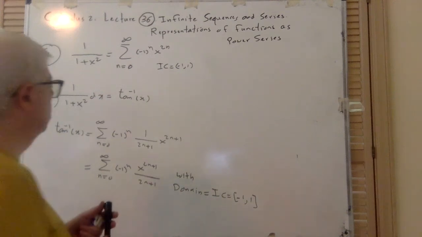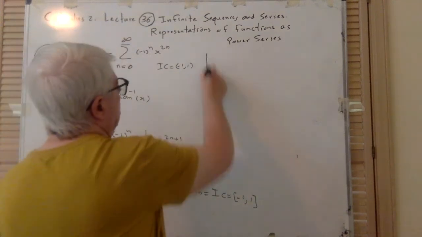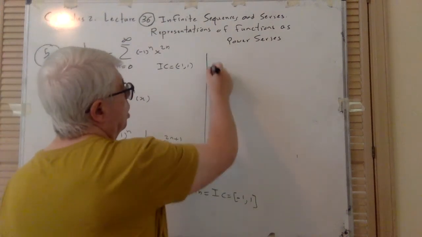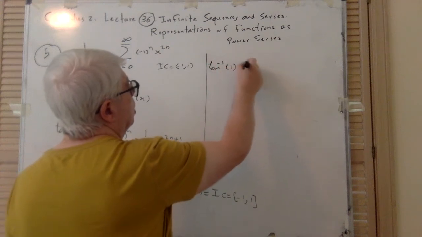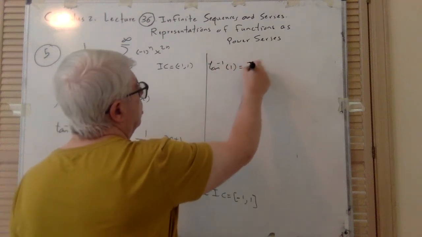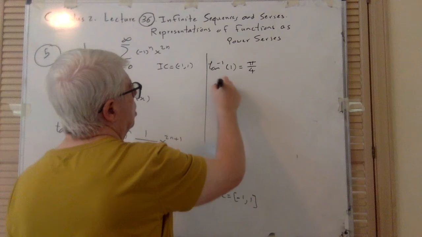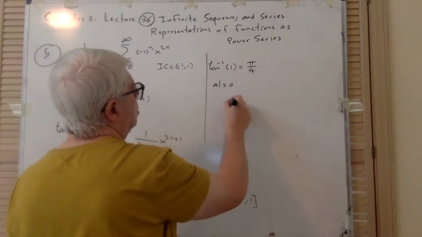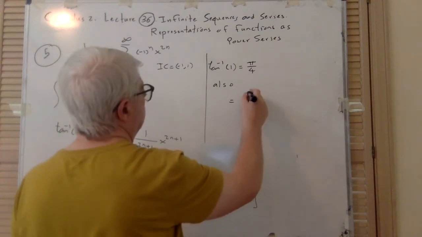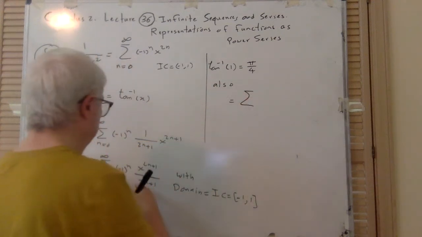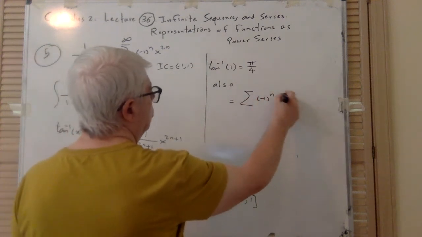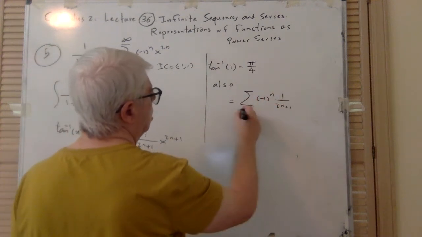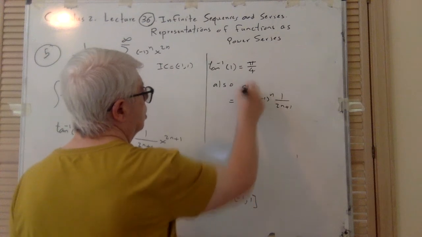So tan inverse of 1, this is okay at 1, is pi over 4, I know that. Also, it equals sigma of minus 1 to the power n, 1 over 2n plus 1, from 0 to infinity.